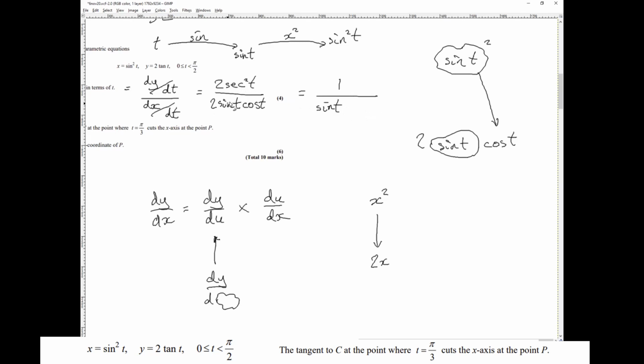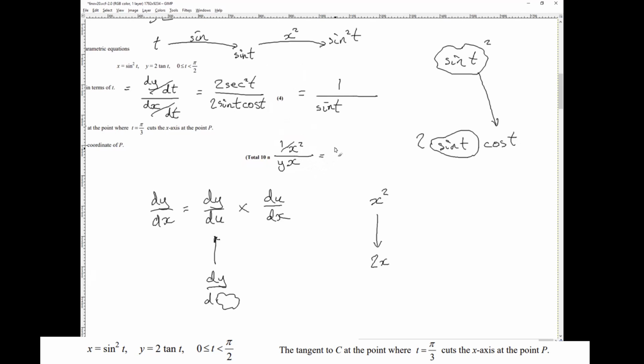I mean, for example, what's 1 over x squared over yx? It'd be yx over x squared. I'm not buying that.